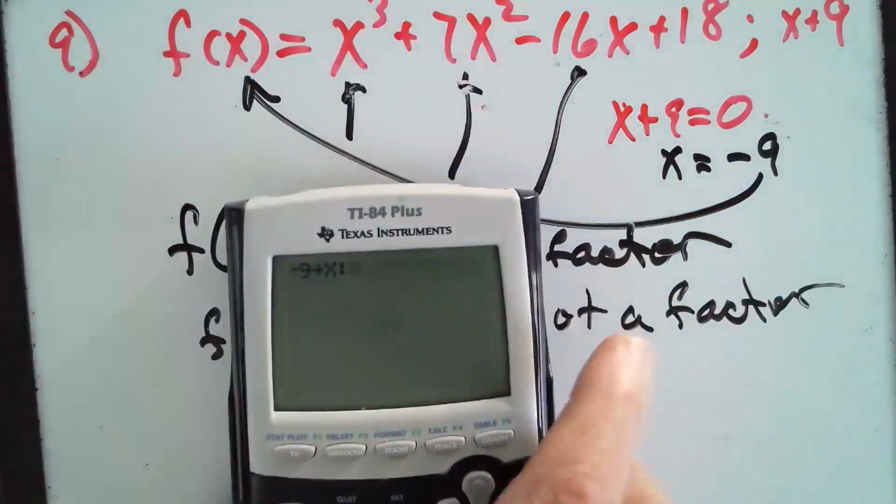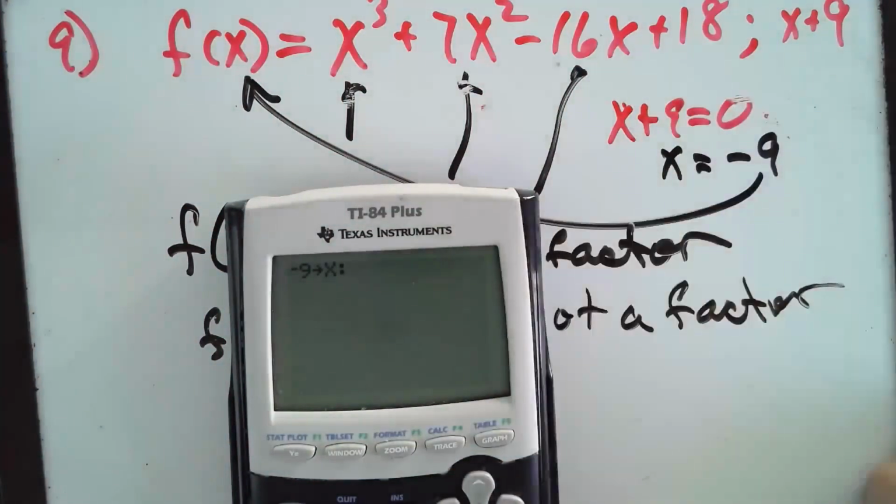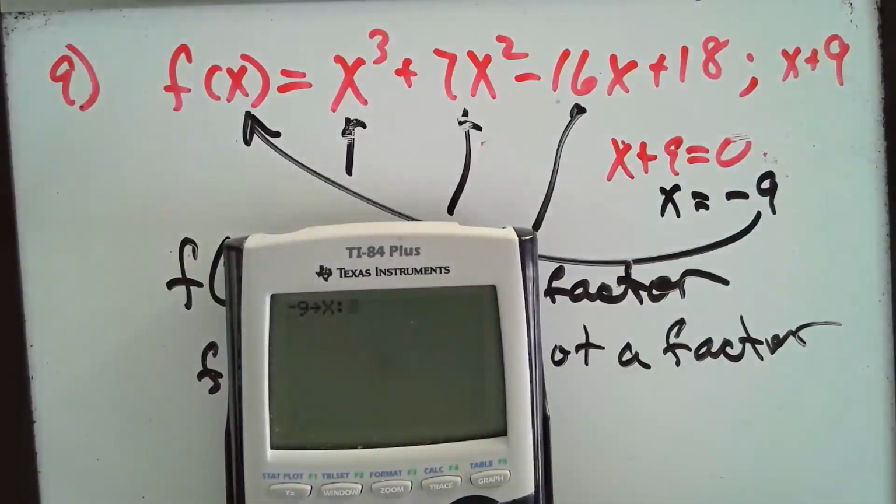Now at this point you just have to put in your function. X exponent 3, hit the right arrow, plus 7x squared, hit the x squared button. And when you hit the x squared button, you don't have to hit the right arrow.